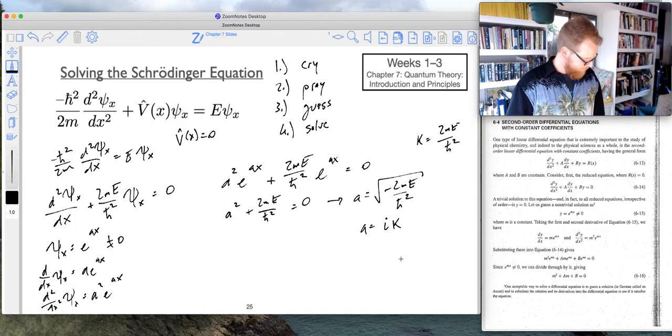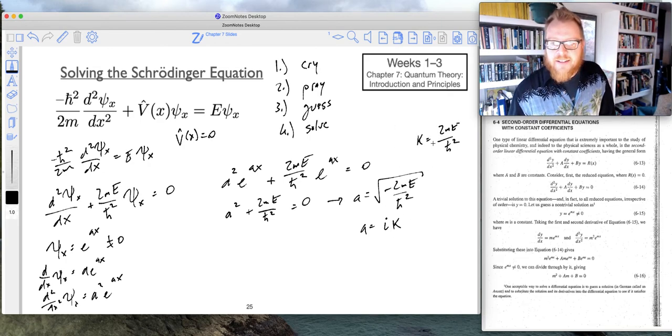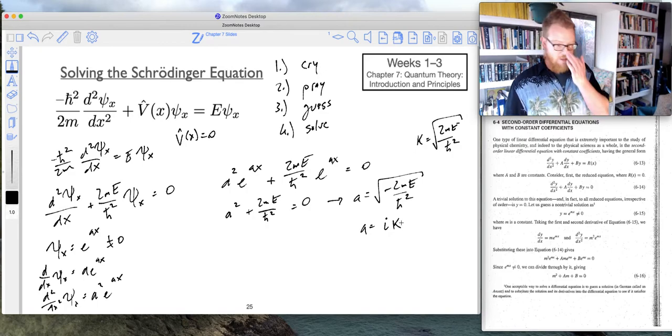Okay? And so because my solution is i times k, that's where I'm going to use sines and cosines. So I can say here directly, oh, you know what? Sorry, k is the square root of all of that stuff. Okay?